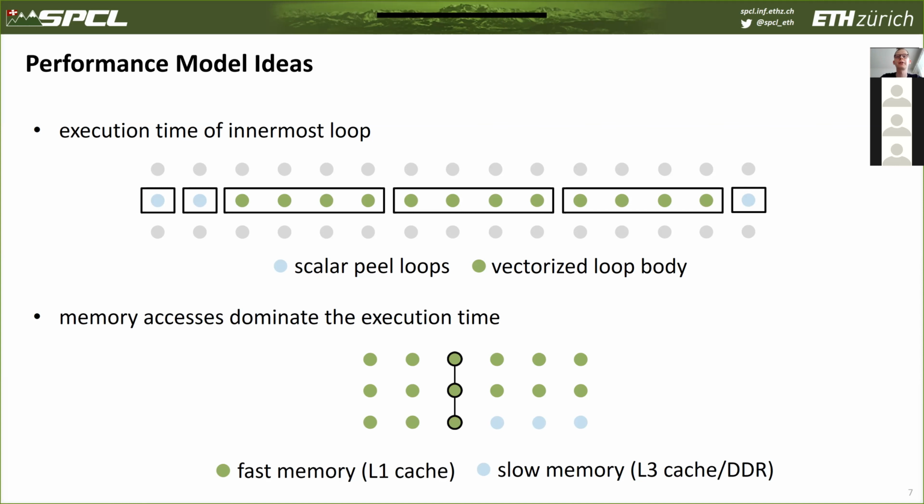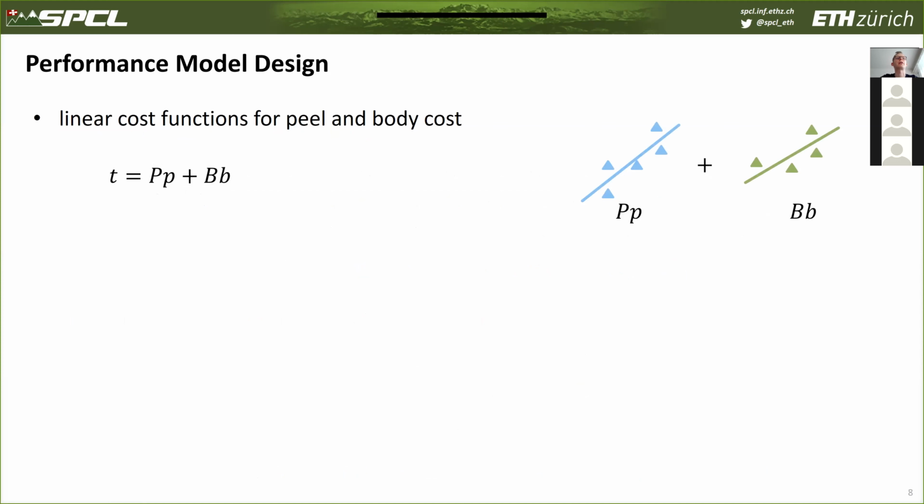So we have one slow memory access and we have 3 fast memory accesses. If we go further and further, we see the same pattern. So in every iteration we load one data point from the slow memory and 3 from the fast memory. That means either of these two will probably dominate the execution time of our stencil. And these are the 2 components we will model in our performance model.